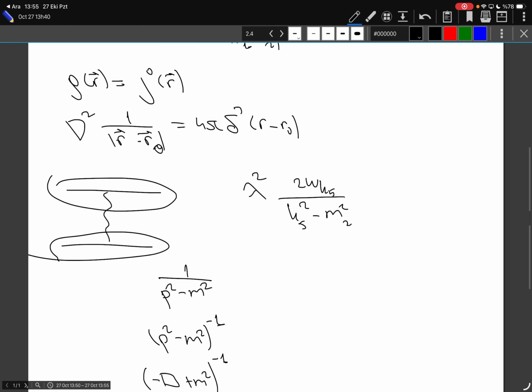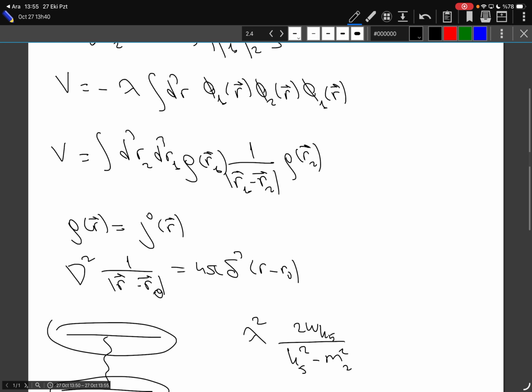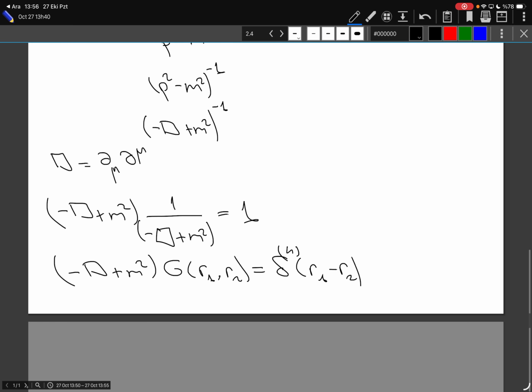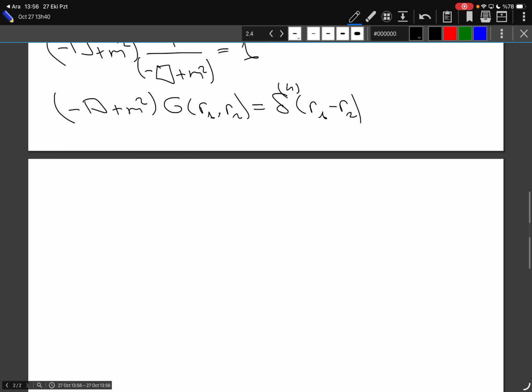This 1 over p squared minus m squared is nothing but basically this term. Of course, since it's massive, it's not just 1 over r, there's the exponential one: e to the power minus mr divided by r.